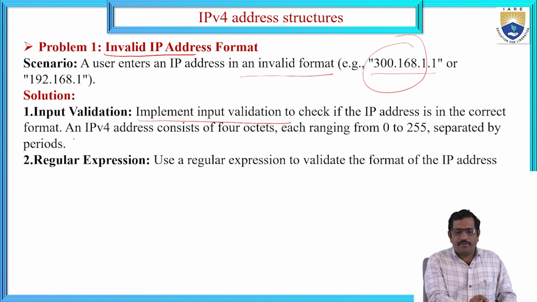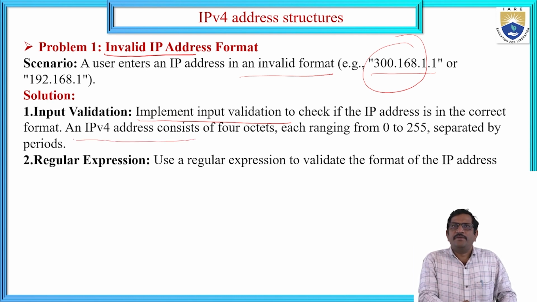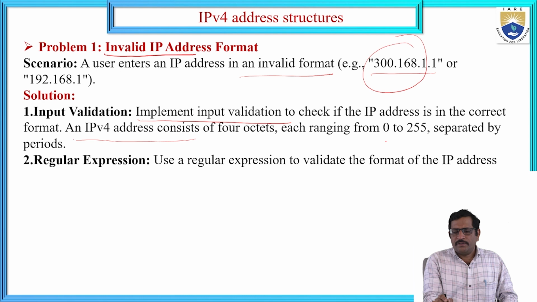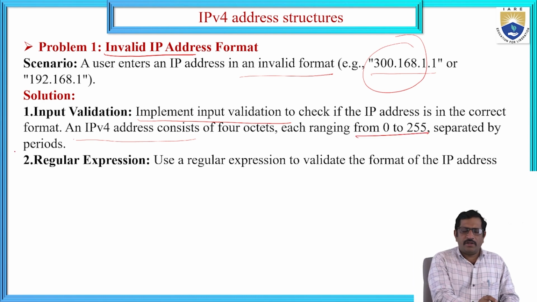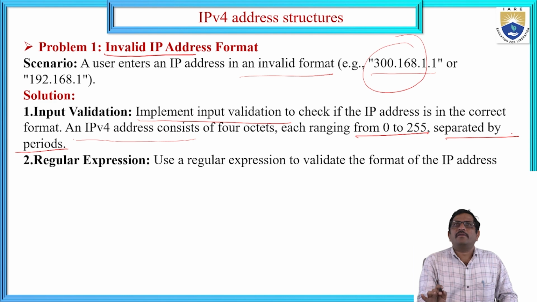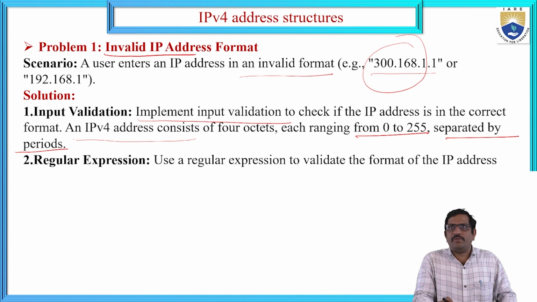An IPv4 address, Internet Protocol version 4 address, consists of 4 octets, each ranging from 0 to 255, separated by a dot or period. So this is the input validation. Now we have to implement it, checking if the IP address is in the correct format or not.